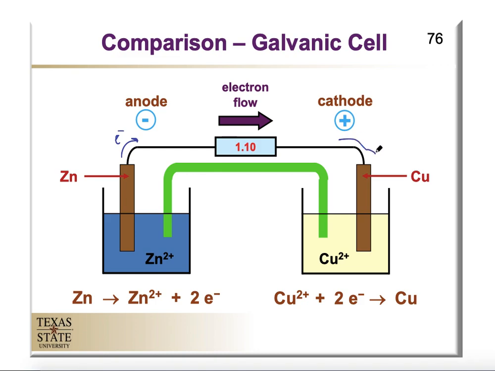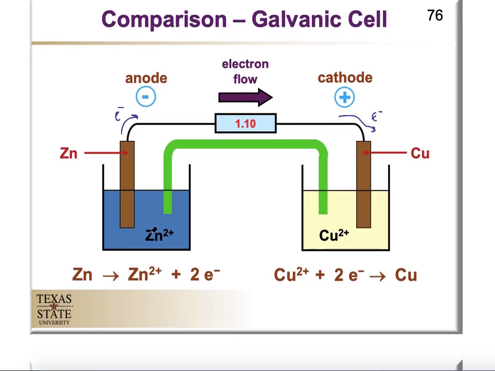At the cathode we have the reduction take place, and so on and so forth. And notice that the electrons are freely flowing and they provide us a voltage. That voltage is our cell potential, right?